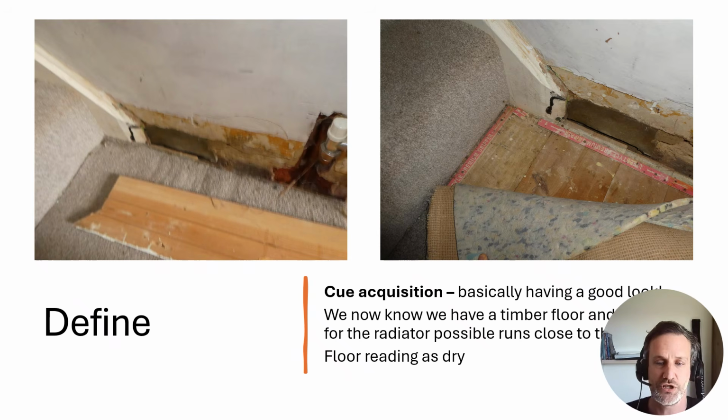But again, it's just one little bit of information that feeds into that pile of information we're starting to pull together as we define our defect. So we're now defining it as staining and high moisture meter readings to the wall with a section of loose skirting board and a section of poorly fitted carpet, but no high readings to the floorboards. Okay, so we've now got a little bit more detail about our defect.